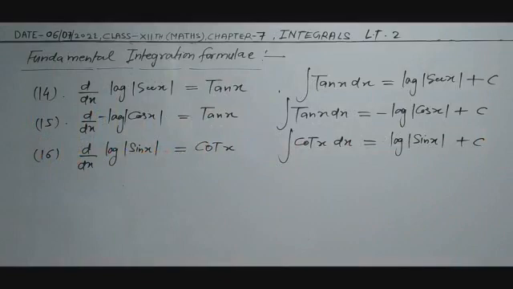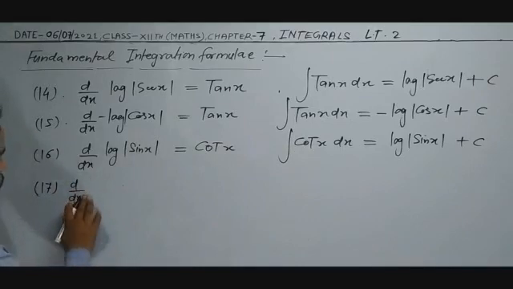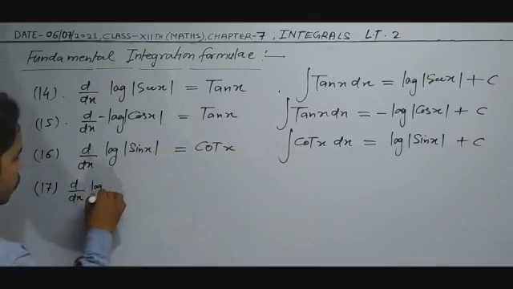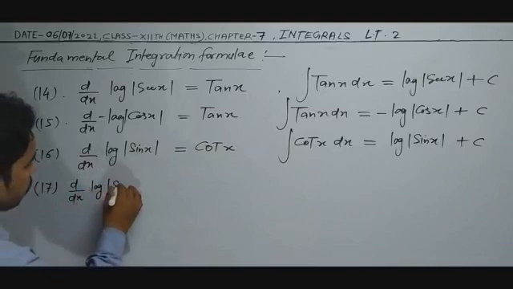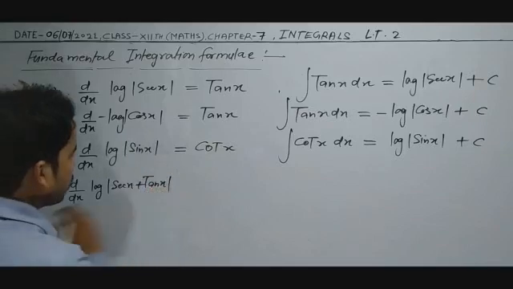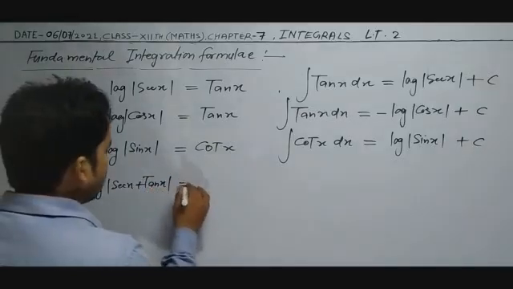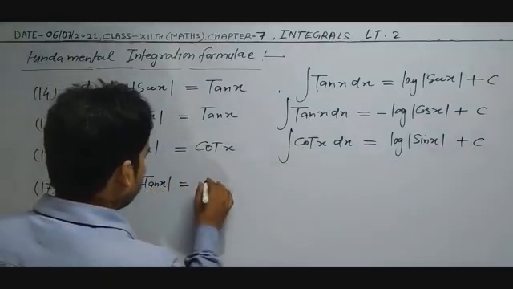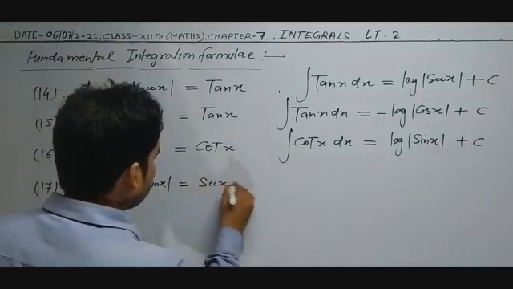So now come to the next formula, formula number 17. d by dx of log of sec x plus tan x, its result is sec x.